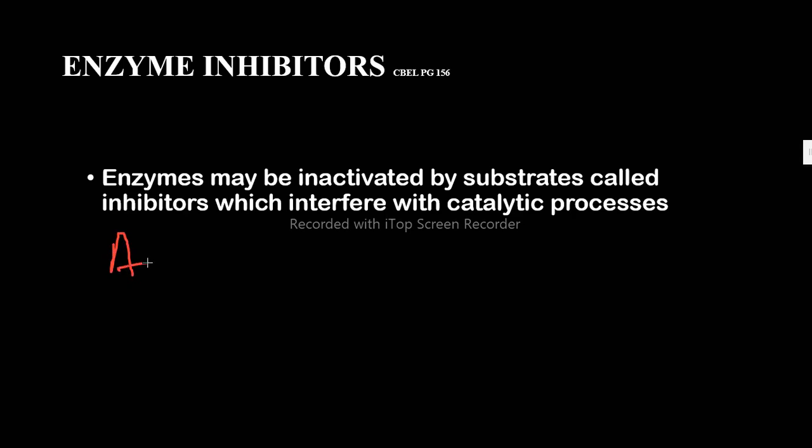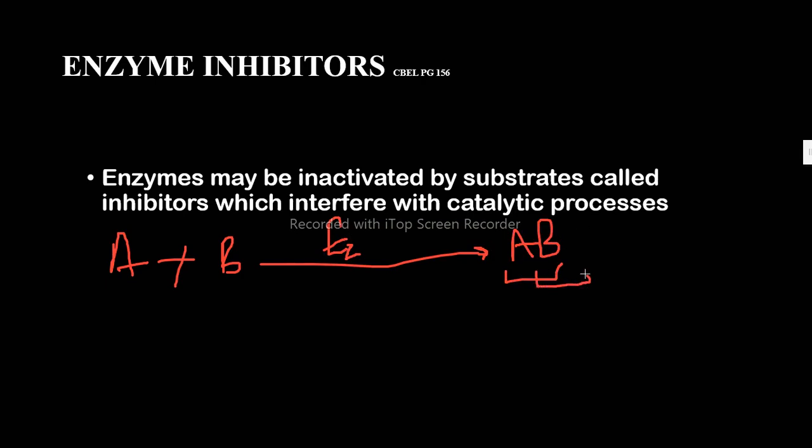Given a reaction A plus B, controlled by enzyme Z, to form product AB. If you want to determine the rate of this reaction, then you measure how many AB molecules are formed in 1 minute.